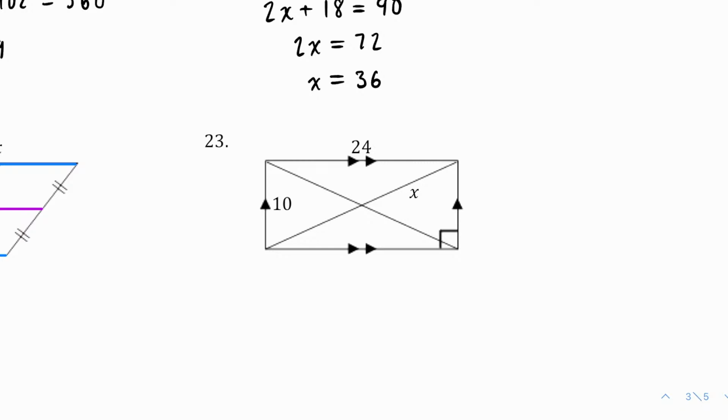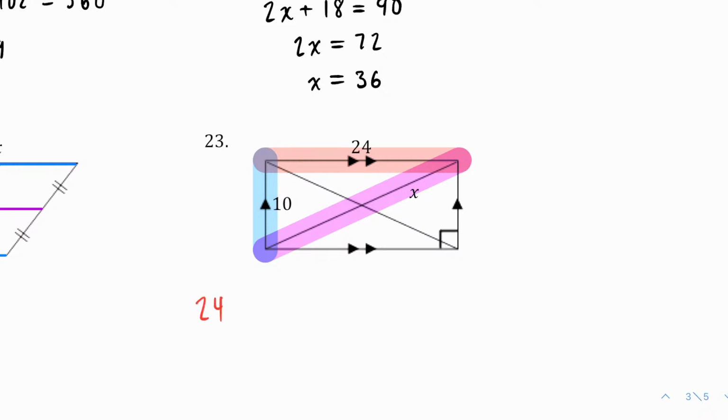Now check this out. Highlight a side in red, blue, and purple. I've got a right triangle here. One of my sides is 24.